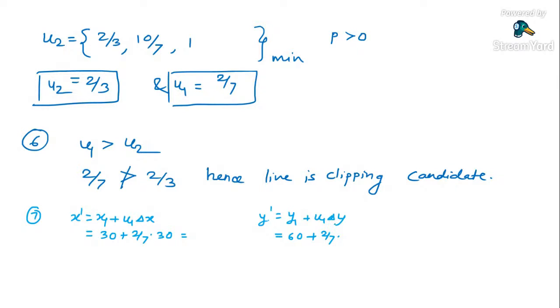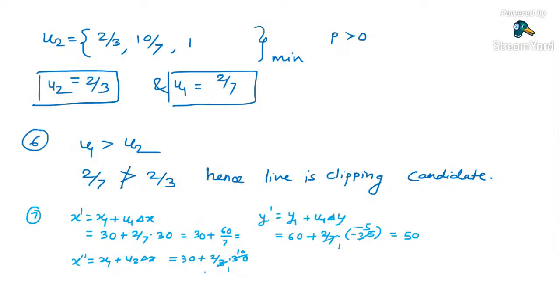The difference in y is minus 35. So x dash is equal to 30 plus 60 by 7. We'll calculate it later. Now x double dash is equal to x1 plus u2 delta x. x1 is 30 plus u2, 2 by 3, into delta x, which is 30.